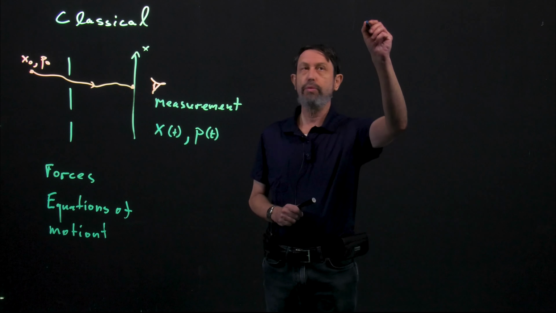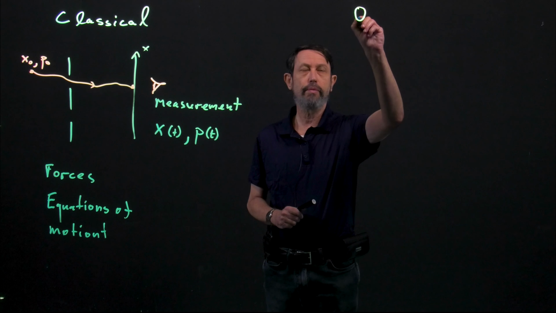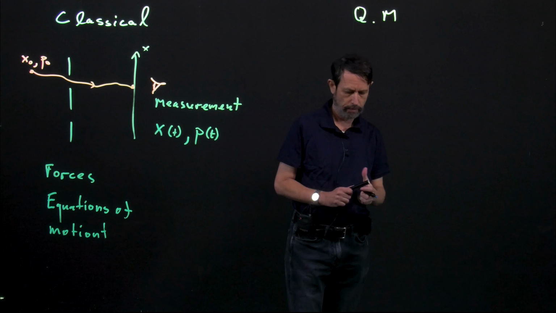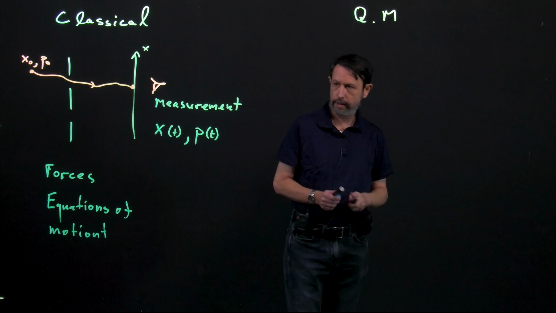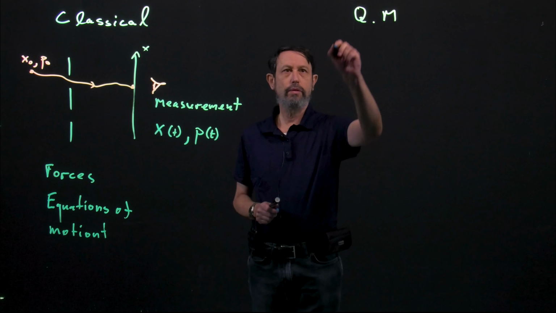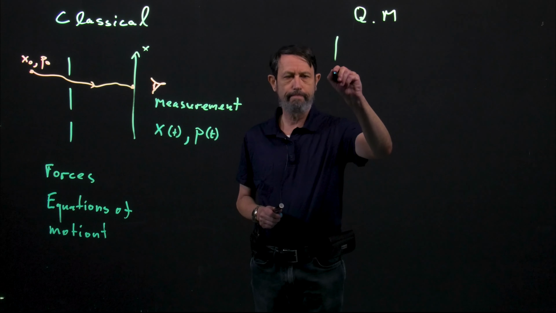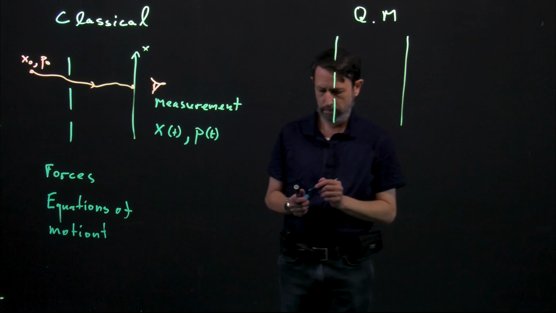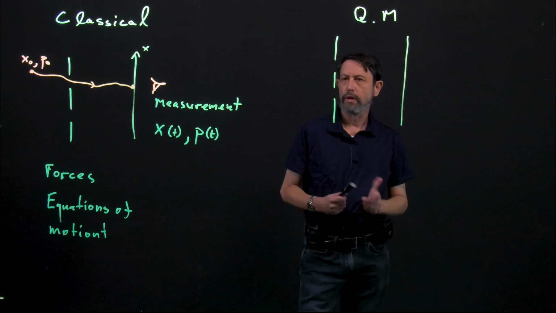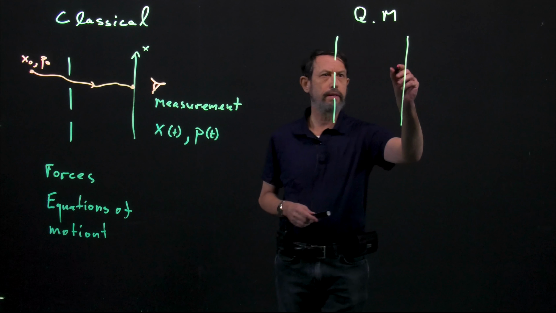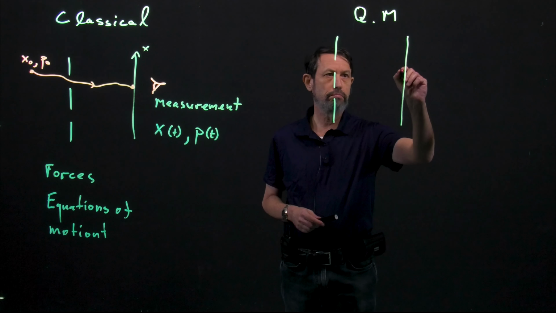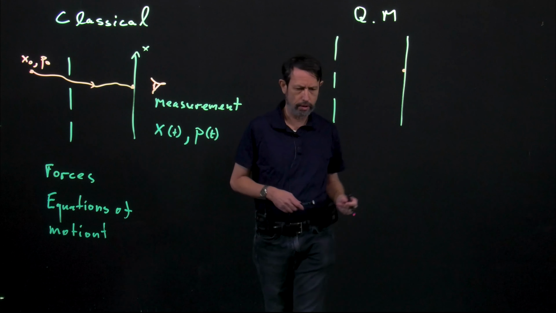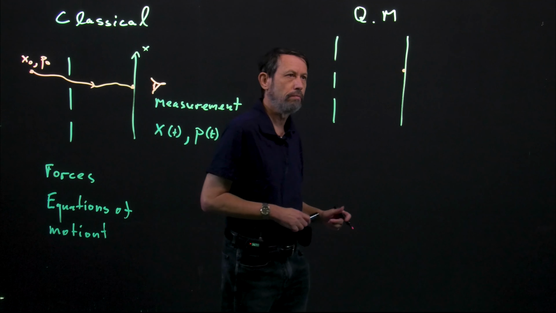Let's see what happens if we consider this experiment from the point of view of quantum mechanics. Again, we'll start from our two-slit experiment. We have our screen. We see the electron hit at a given point, exactly as you have seen in the video a few moments ago.